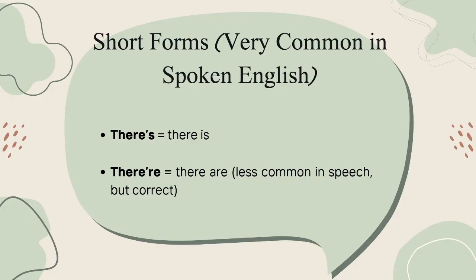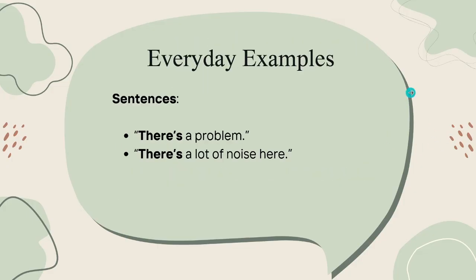There're is less common in speech, but correct. So we have as an example, there's a problem or there is a problem. There's a lot of noise here or there is a lot of noise here.